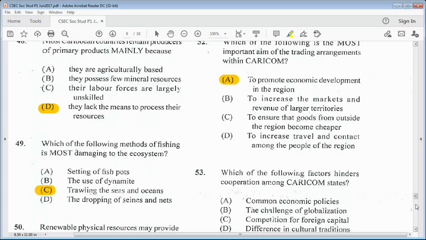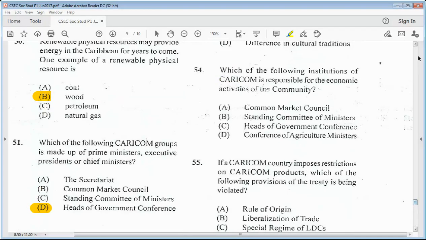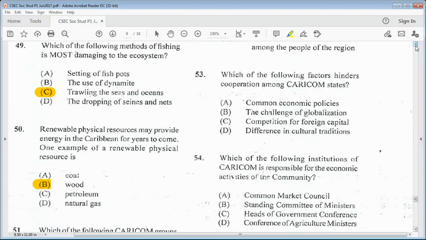Let's move on to 53. It says, which of the following factors hinders cooperation among CARICOM states? A, common economic policies; B, the challenge of globalization; C, competition for foreign capital; or D, difference in cultural traditions.